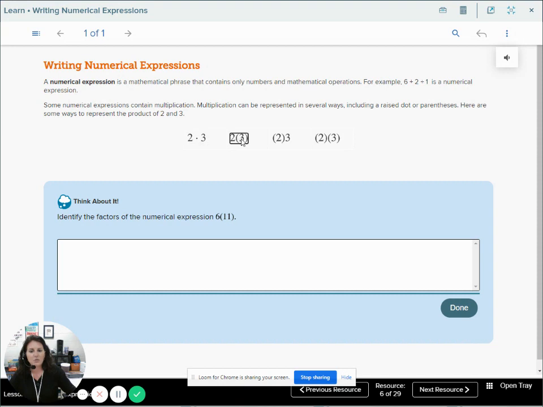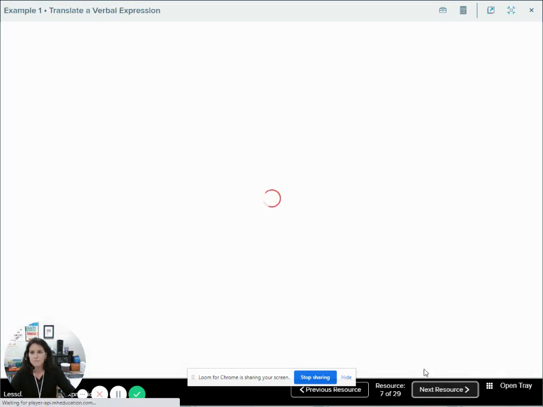It can be represented with parentheses around either of the numbers or around both of the numbers. Notice that we did not put the x. You guys are used to seeing 2 x 3, 2 times 3. We don't really write it that way in Algebra 1 because x is an unknown in Algebra 1. It's something that we're solving for. So when I'm talking about multiplication, I very rarely will write an x in there to show timesing.